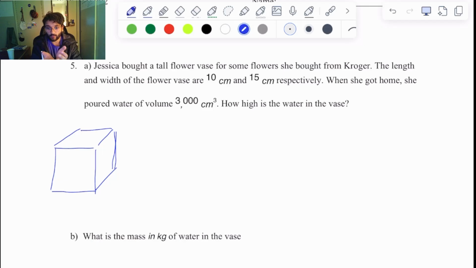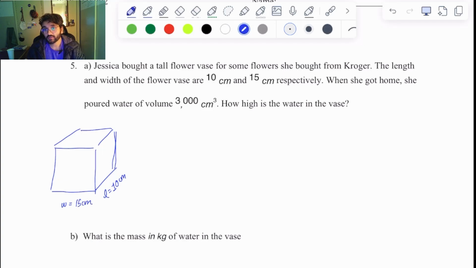It is not really a vase like that. Something squarish, like a very boring vase. But anyway, the length is 10 centimeter, and width is 15 centimeter.